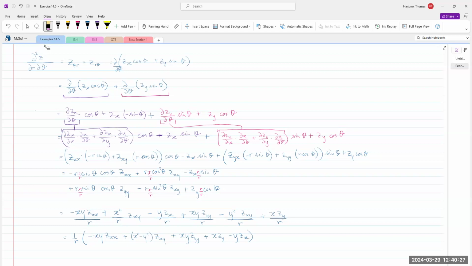In other words, the mixed partial derivative of a function, when you take the partial derivative with respect to components in polar, will not depend on theta. From the formula you see that you can get rid of the theta; it depends on x and y instead. Okay, that's for now.